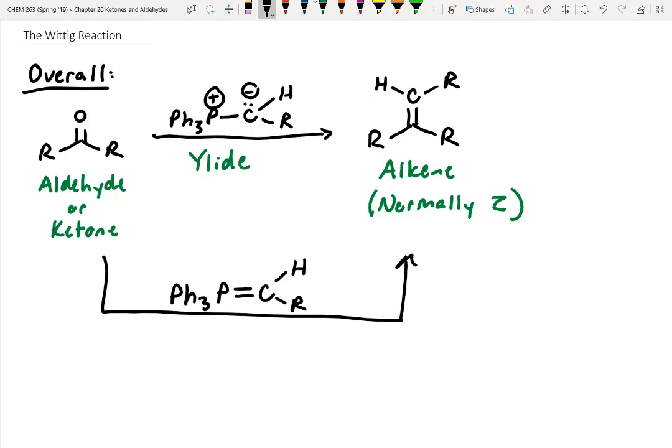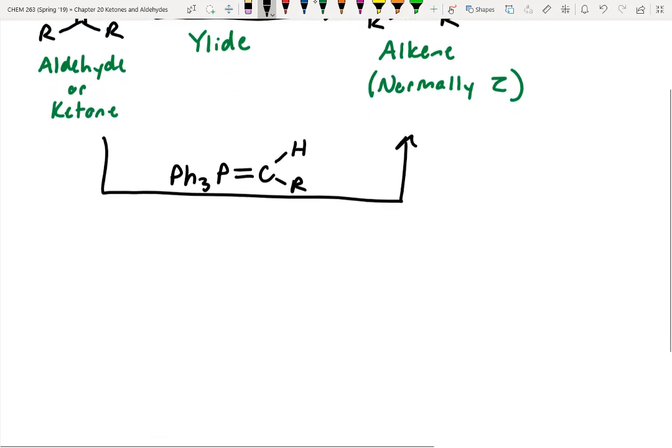The other thing to think about too is, why is this positive charge so stabilized here? Resonance, right? It has three aromatic rings stabilizing it through resonance. So even though it looks really unstable with that positive negative zwitterionic formation, it's actually quite stable that way. Those are good questions. So let's take a look at how we make the ylide, because normally we don't just buy it.